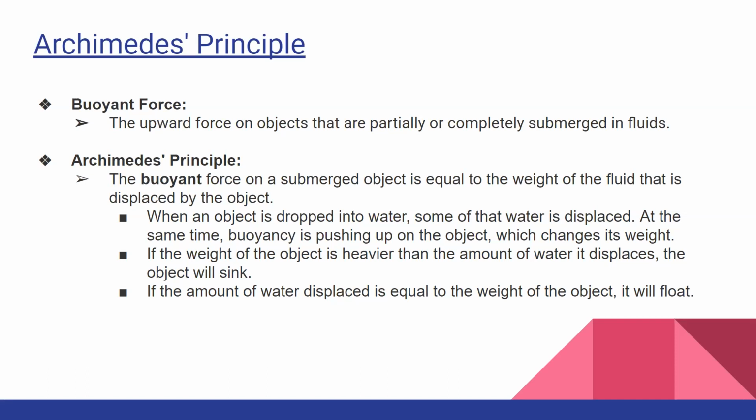Its weight overcomes the buoyant force, so the object will naturally accelerate downwards. If the weight of the water displaced is equal to the weight of the object, the object would float. We would eventually reach an equilibrium where there's no net force, and it will float in that position.